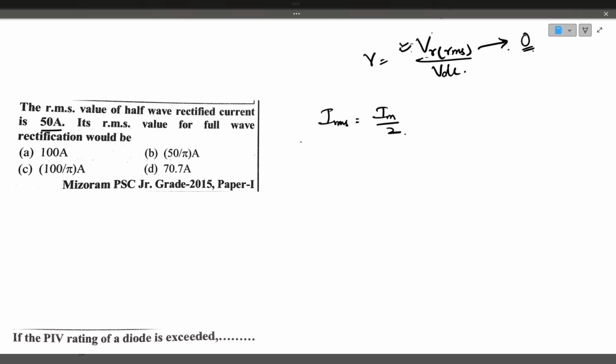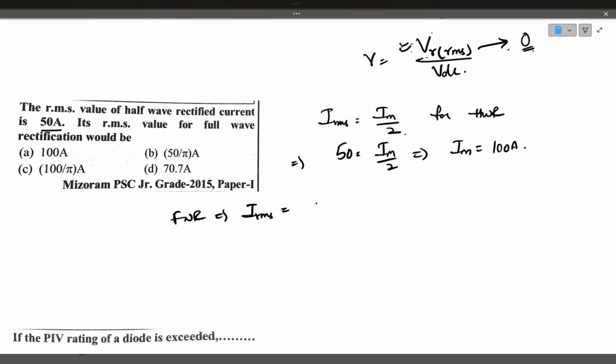So if we substitute here, 50 is equal to Im by 2, which gives Im, the maximum current, equal to 100 amperes. Now the RMS value for a full wave rectifier is Im by root 2. So 100 divided by root 2 is equal to 70.7 amperes. So the answer is option D.